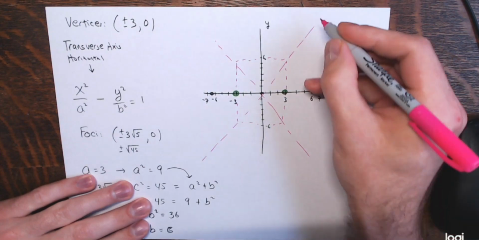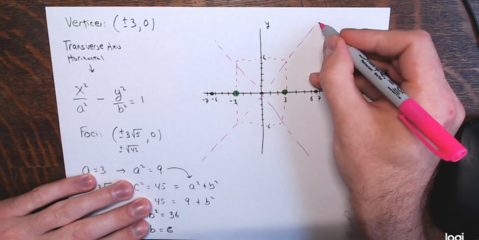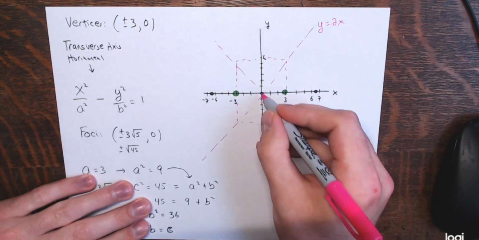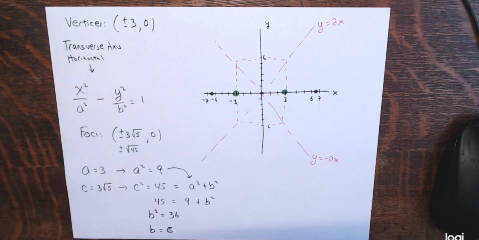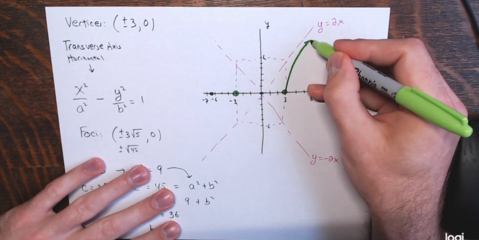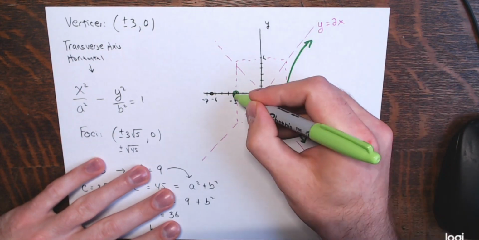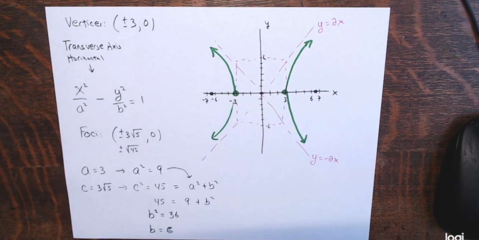Now this one has a slope of 6 over 3, but 6 over 3 is 2, so it's y equals 2x, and the other one would have y equals -2x as its equation. Those are the asymptotes, and I got the vertices and the asymptotes, and I can draw the curves approaching those asymptotes as I move further away from the center. And there you go, there's the graph, but they want the equation.